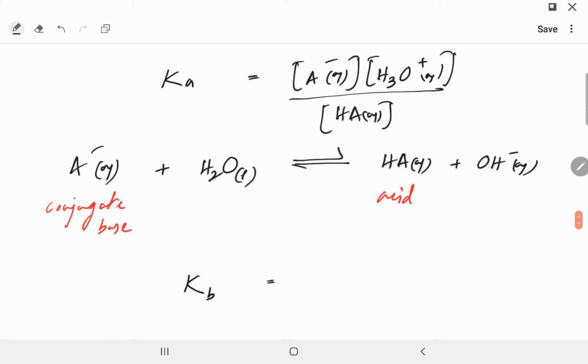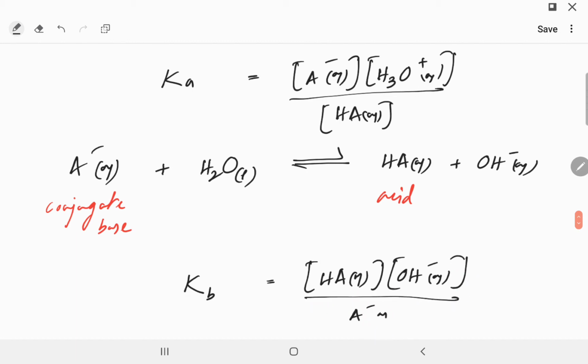So for this reaction, rather than writing Ka, you will write Kb, because Ka is for acids and this reaction is a basic reaction. For Kb, similar to Ka, you write the product concentrations, HA concentration times OH minus concentration, divided by the A minus concentration, which is your reactant. So this is Ka and Kb for the same acid and conjugate base pair.